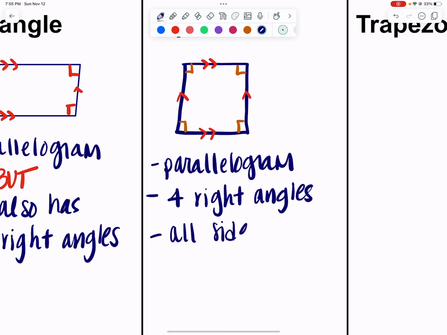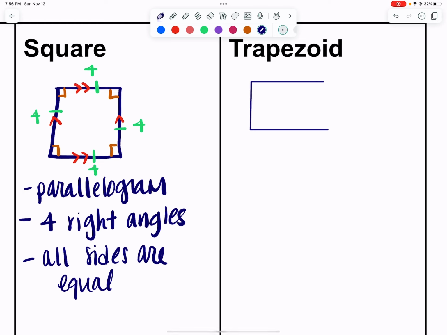The last piece of this is the trapezoid. The trapezoid is kind of the oddball. It's still a parallelogram. So we still have 1 pair. What am I saying? It's not a parallelogram. Let's see if I can make this longer.